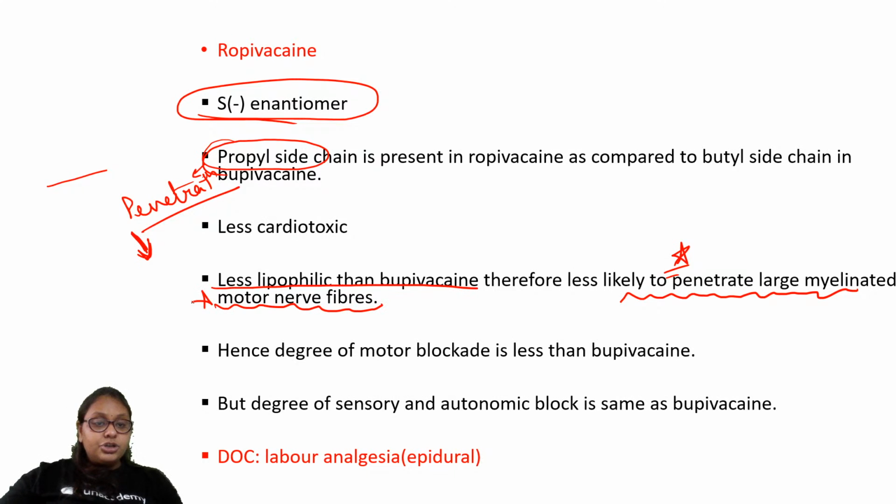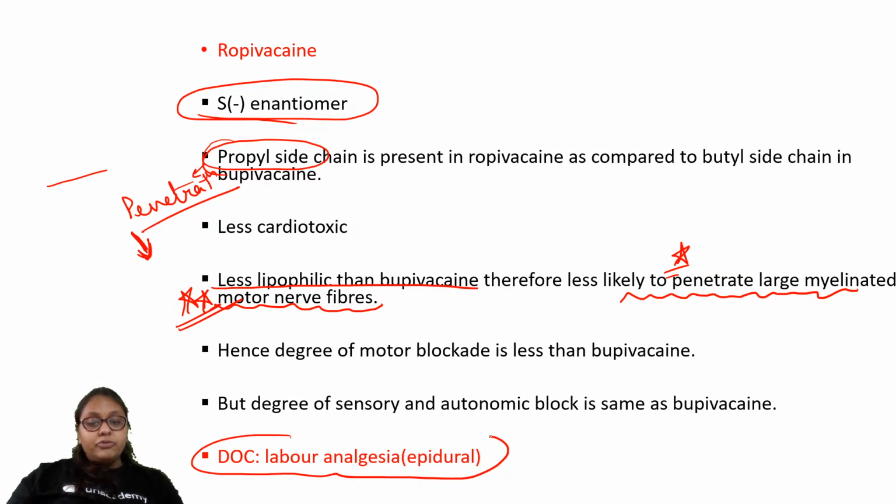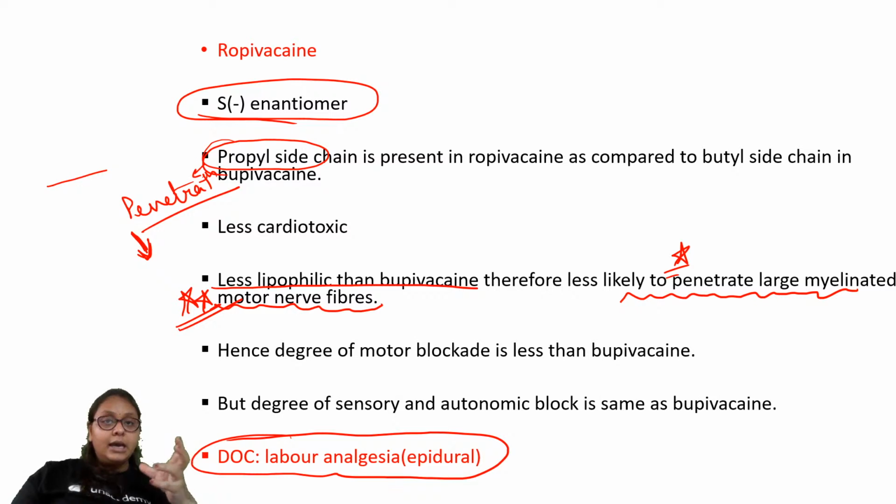And where do we use this feature? We use this feature for walking epidural and labor analgesia. Therefore it is a drug of choice for labor analgesia or epidural anesthesia in walking epidural. Okay, because the side chain of ropivacaine is less.